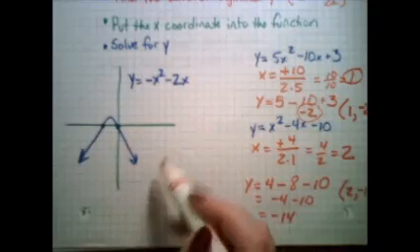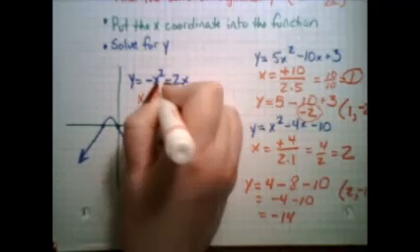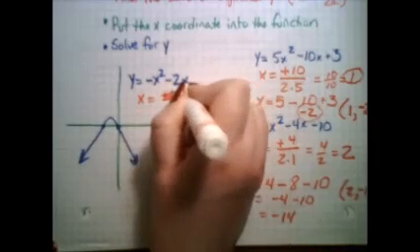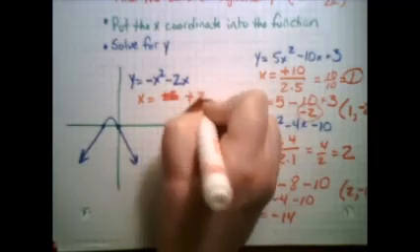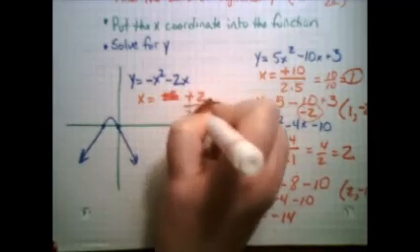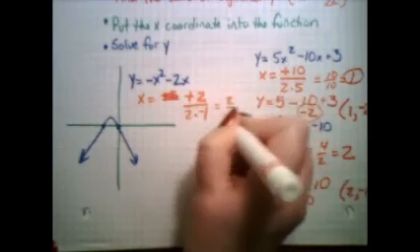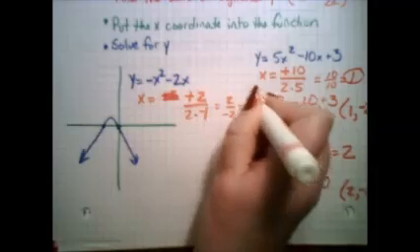If we were solving this problem, x equals -b over 2 times a equals 2 over -2, which equals -1.